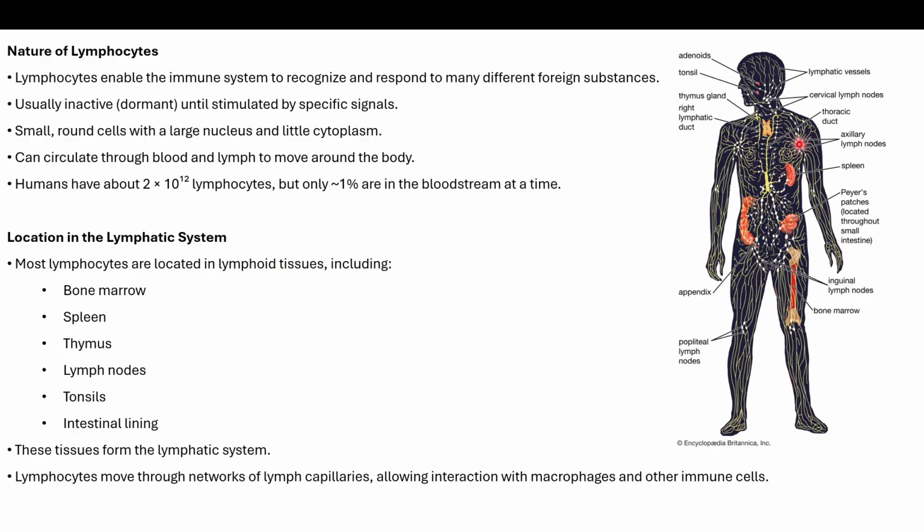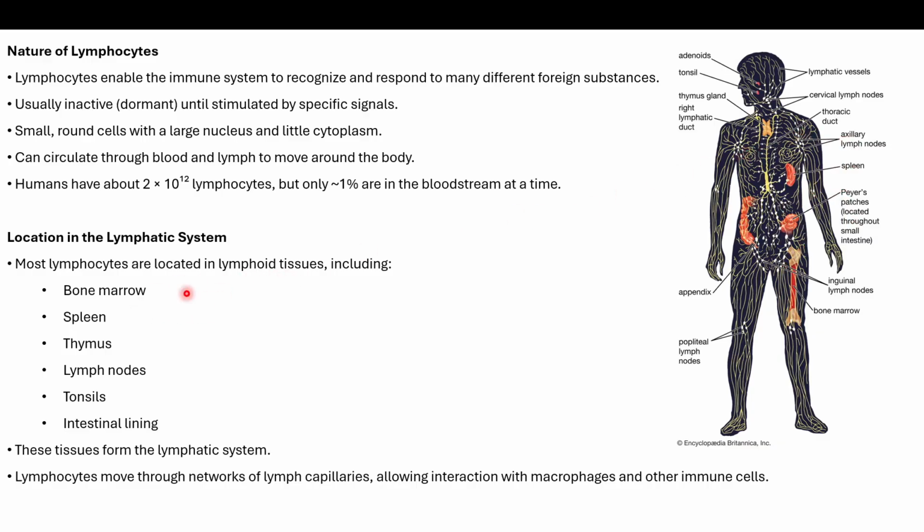Now, if we talk about the different locations of lymphoid tissue in our body, these are the specific areas where lymphoid tissues are located. These small sparkling portions are the lymph nodes, which are present at different places, like near the knee, near the inguinal region at the lower abdomen, in the shoulder, and in the armpits.